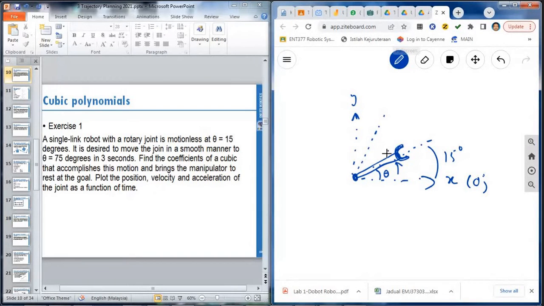So you want to move to 75 degree in 3 seconds. That means you want to move your robotic arm from here to here in 3 seconds.